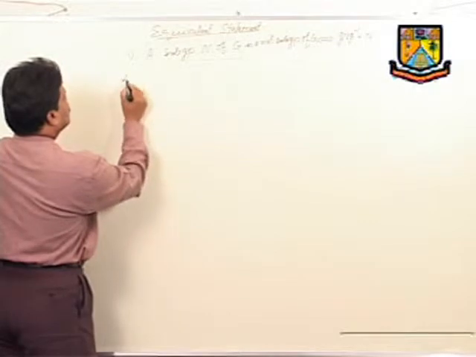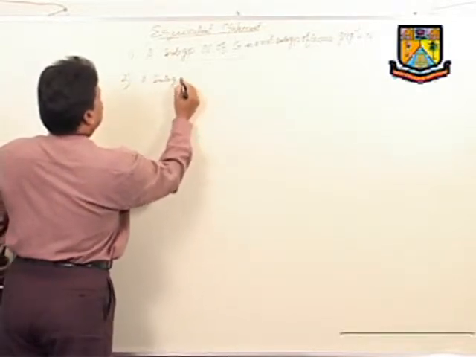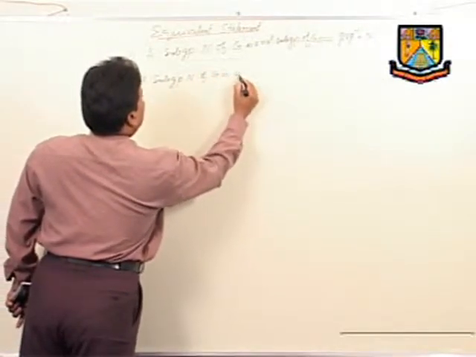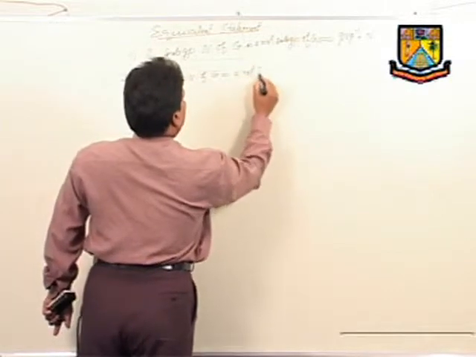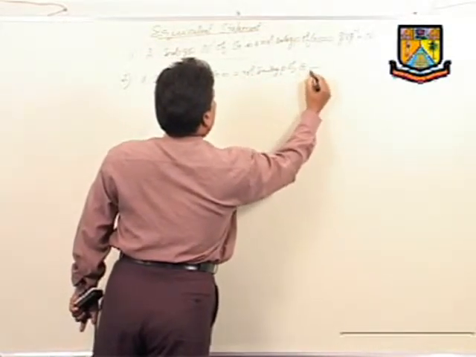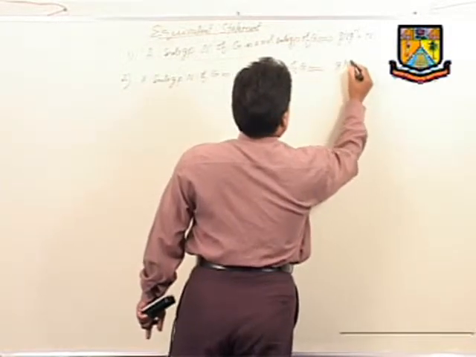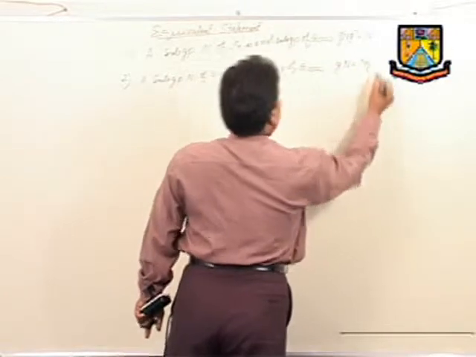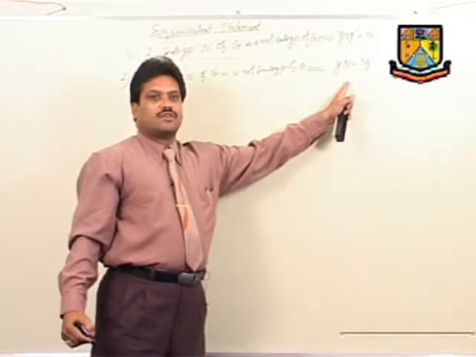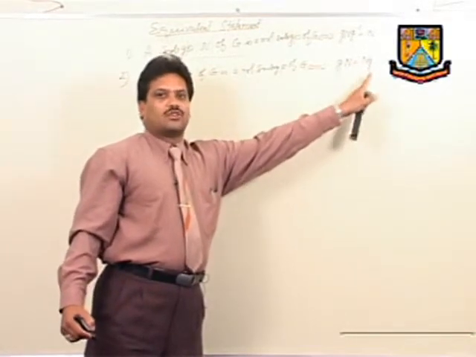The second statement is a subgroup N of G is a normal subgroup of G if and only if gN equals Ng. Here gN is called a left coset and Ng is a right coset.